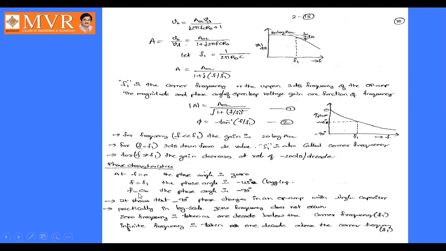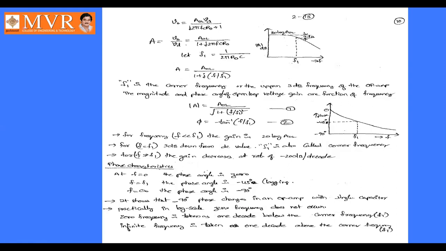And at F equal to infinity, that means at higher frequencies, the phase angle will be lagging by minus 90 degrees. So it shows that there is a minus 90 degrees phase change in an op amp with a single capacitor.